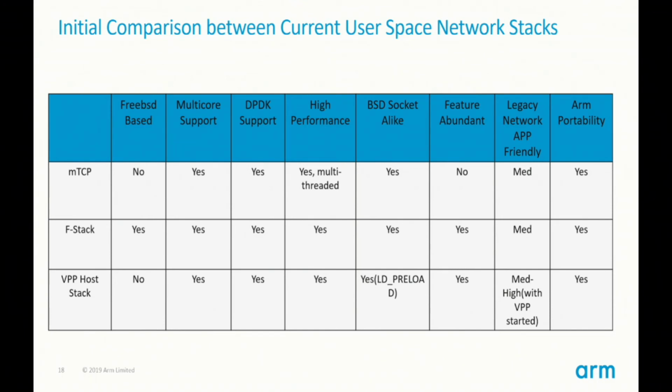For mTCP, we also need to modify the legacy applications. So I think the VPP Hoststack and Fstack are more suitable if we can make some improvements to the two of them.